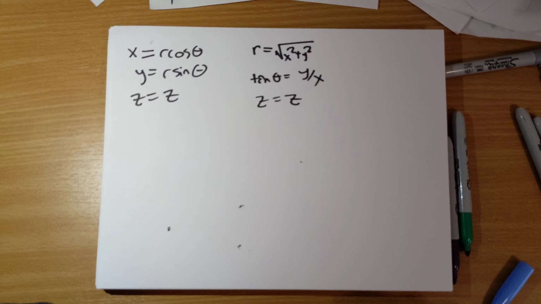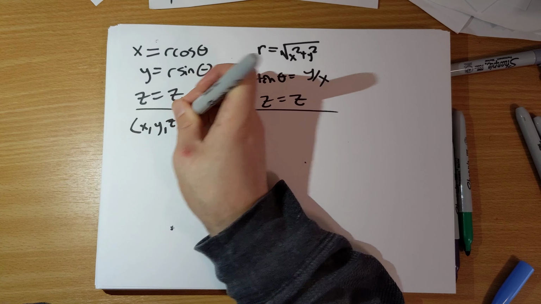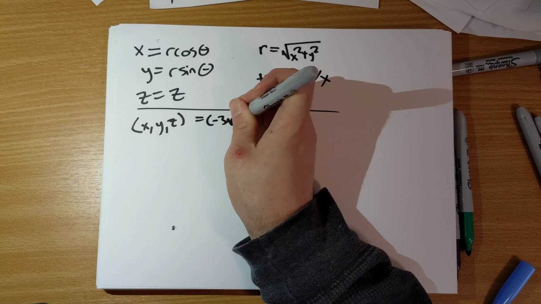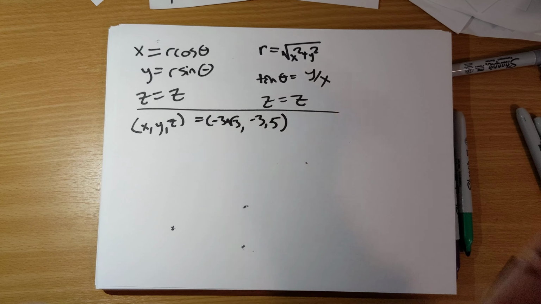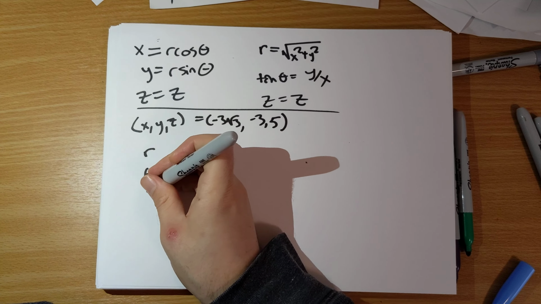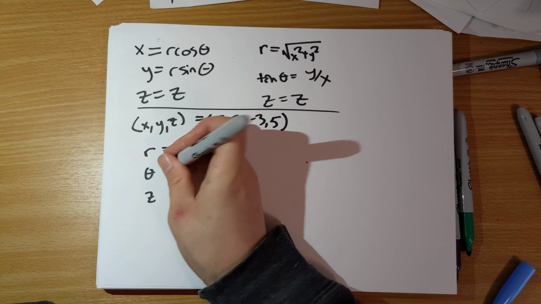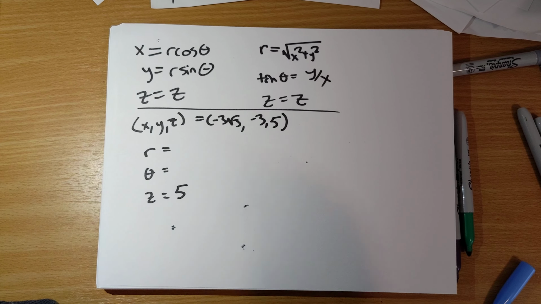So for example, let's just convert here. If x, y, and z is -3 square root 3, -3, and 5, let's convert this to r, theta, and z here. Well, z is just z. Z is just 5.